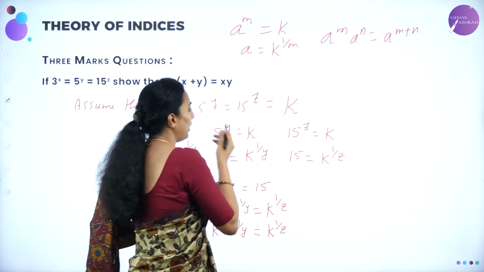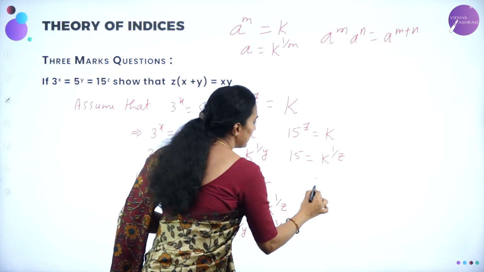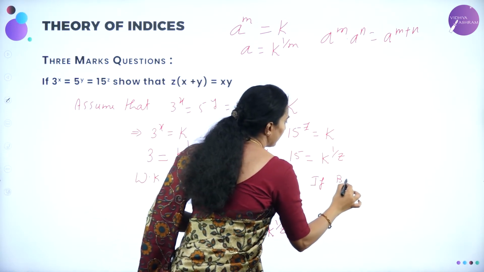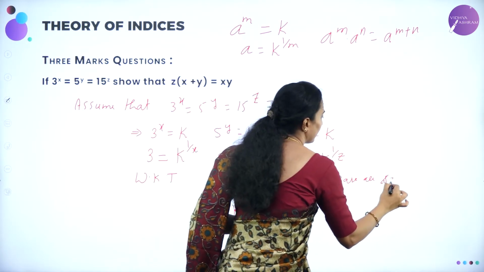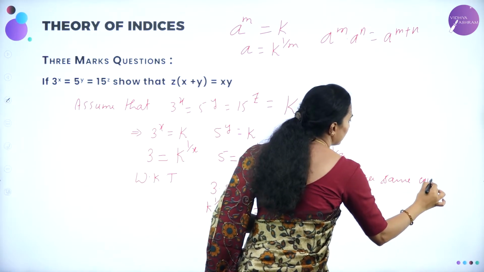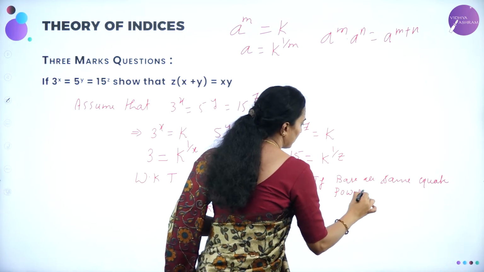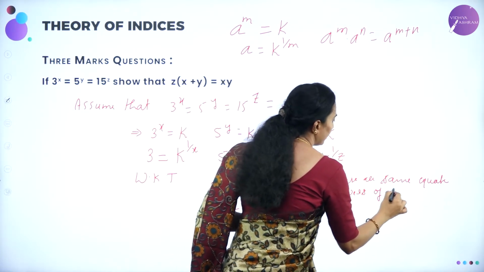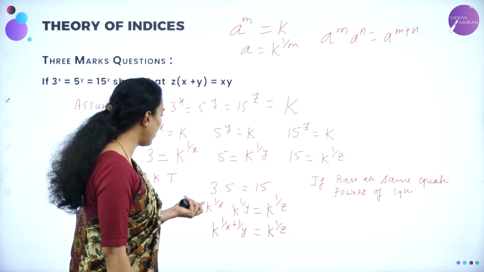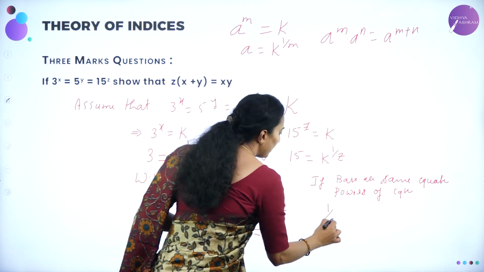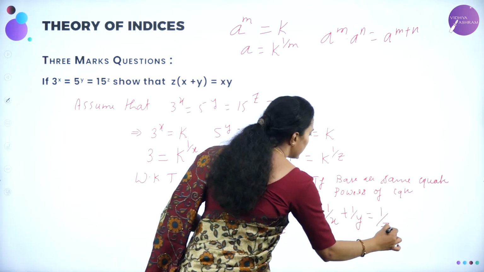Equate the powers of the equation. Okay, this is the equation. So I am going to equate the powers of the equation. What is that? 1 by x plus 1 by y is equal to 1 by z.